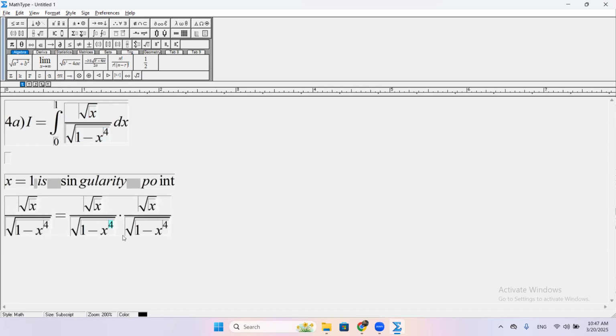Let's use these formulas, the difference of squares, and this integral can be expanded as well.